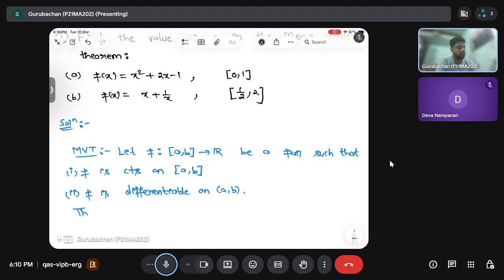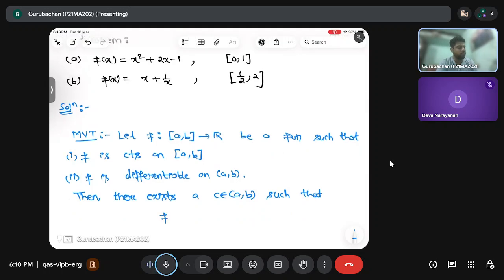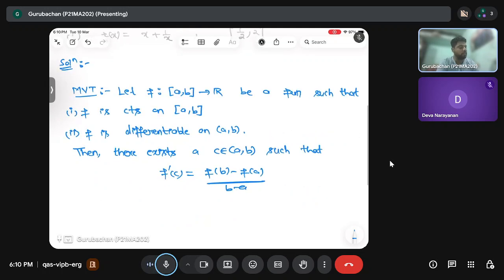Then there exists a C in (a, b) such that f dash of C is equal to f of B minus f of A divided by B minus A.